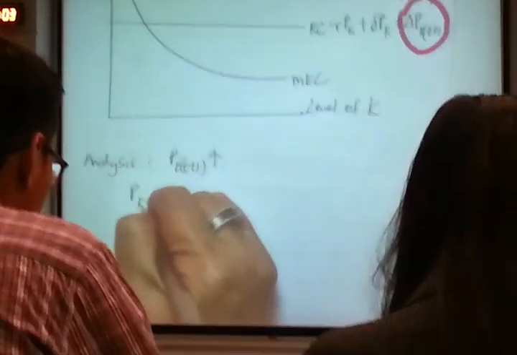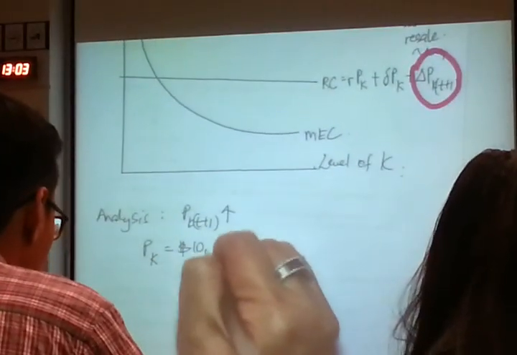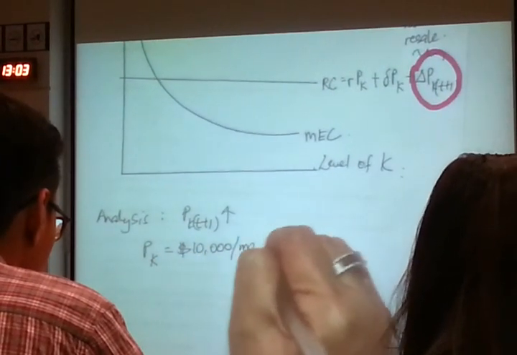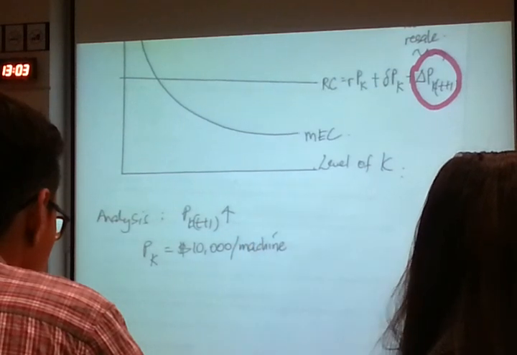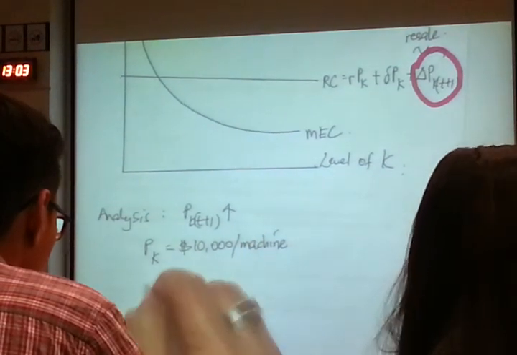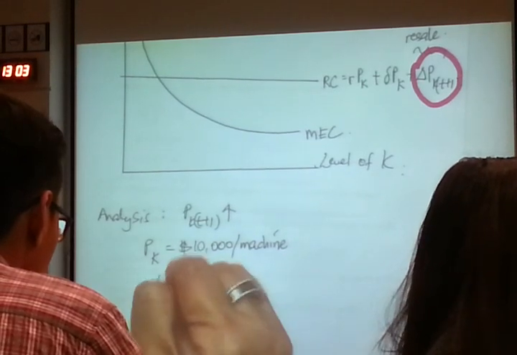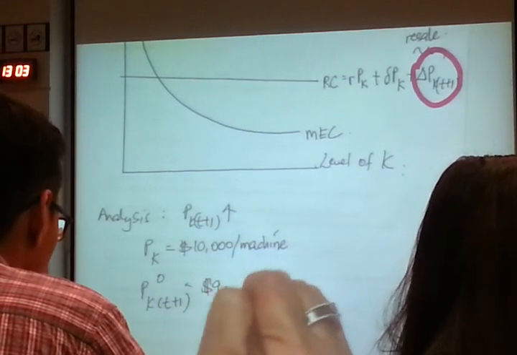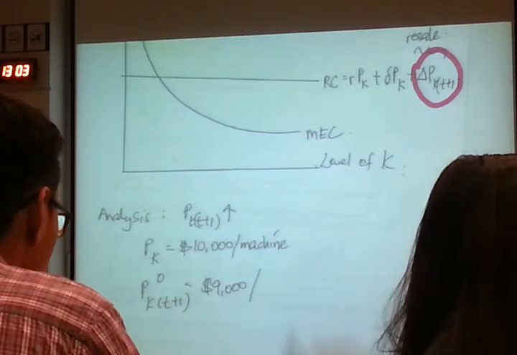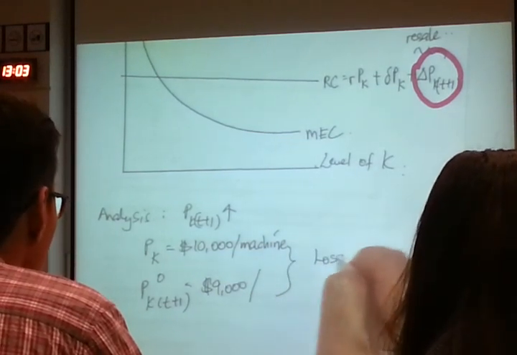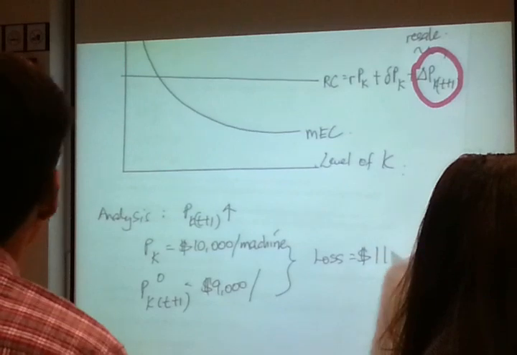When you buy the machine, it costs you $10,000 per machine. If you sell it away one period later, at t plus 1, the price will be 9,000. So the loss you incurred is 1,000 per machine.